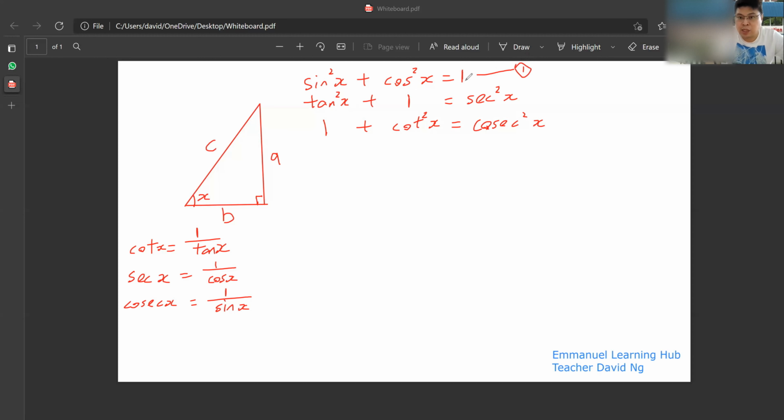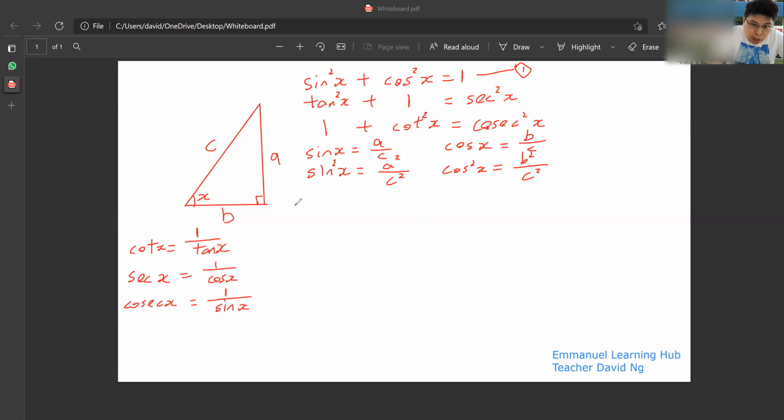So sine square x plus cosine square x equal to 1. You learn that your sine x is A over C, so my sine square x is equal to A square over C square. And your cosine x is equal to B over C, so my cosine square x is equal to B square over C square.